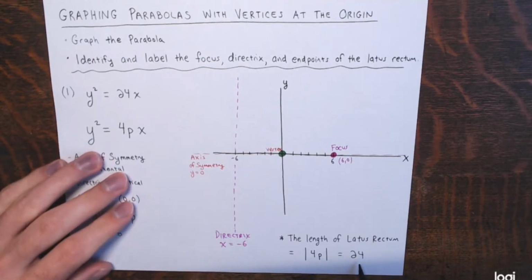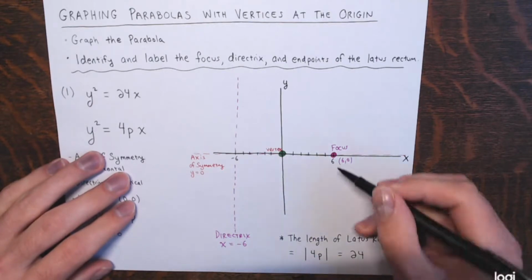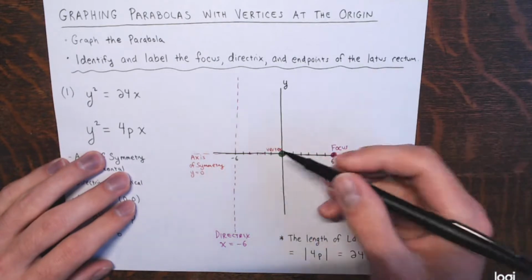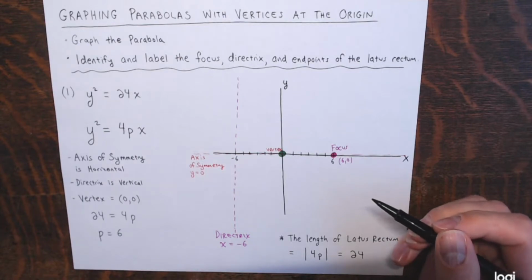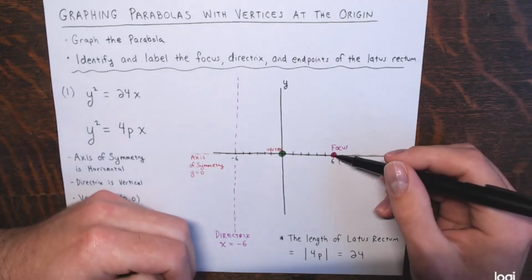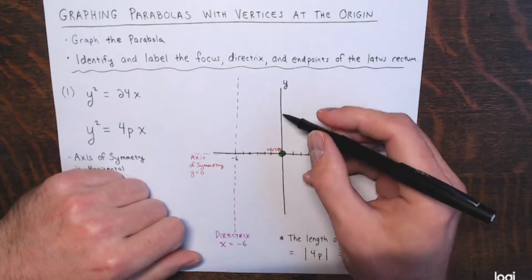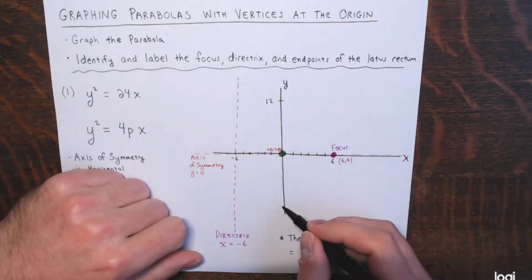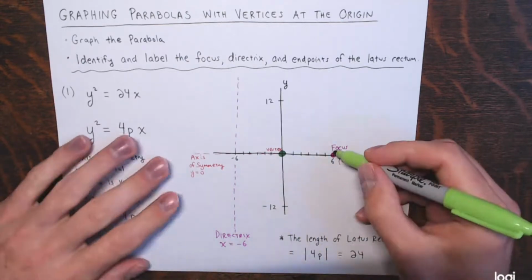From the focus, just cut this in half and use symmetry. The latus rectum will also be vertical; it should be parallel to the directrix. If I want to find the points on this parabola that are at the ends of the latus rectum, I go from the focus up 12 units, and then down 12 units. These will actually be points on the parabola.